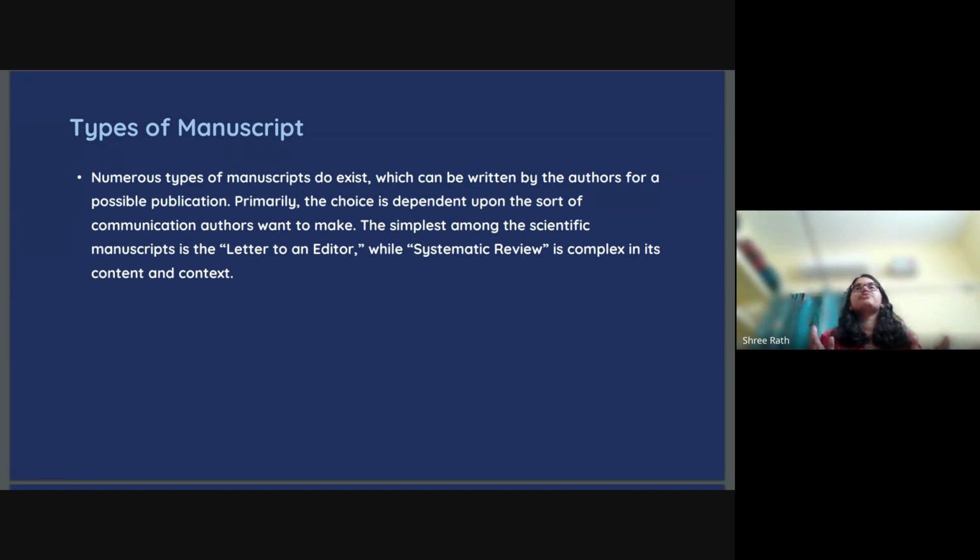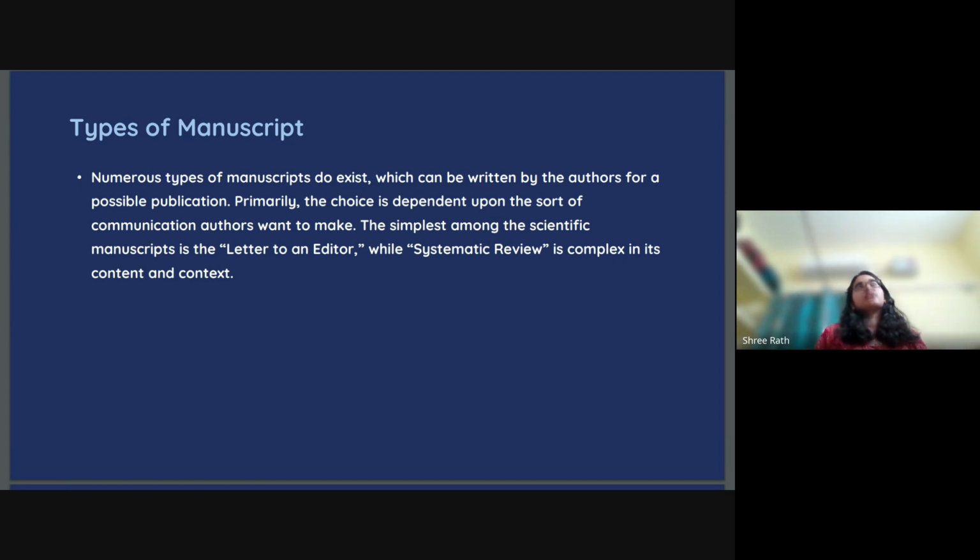Suppose there are some new findings that you've noted in multiple papers consistently. So you write a letter to the editor saying that this is an issue which is being seen in multiple papers, and it is important that we highlight it through this article, so that other people in the scientific community get to know about this and they start doing their work on a specific topic.